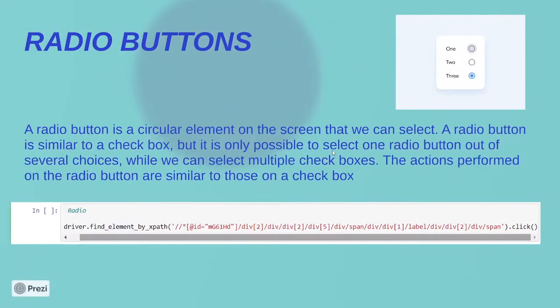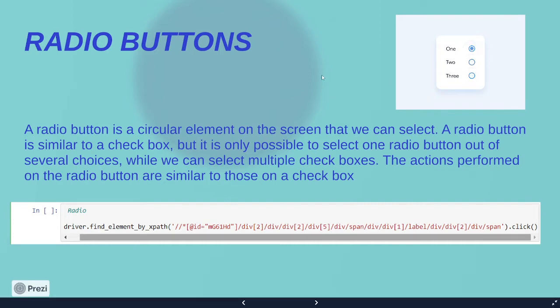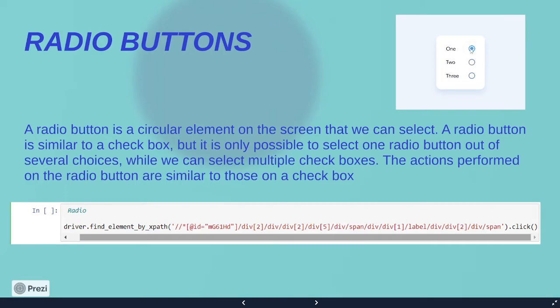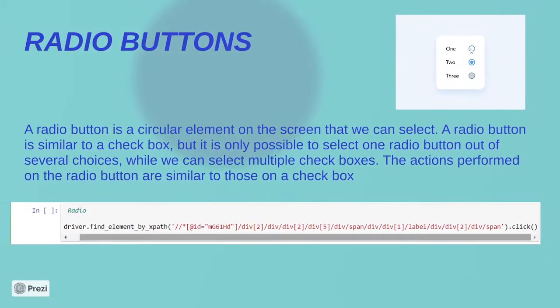Now the next type is radio buttons. The radio button is denoted by a circle, and this is very similar to a checkbox. The only difference between the radio button and the checkbox is that in a checkbox we can select one or more options from the available set of options, whereas in a radio button we can select only one option at a time.